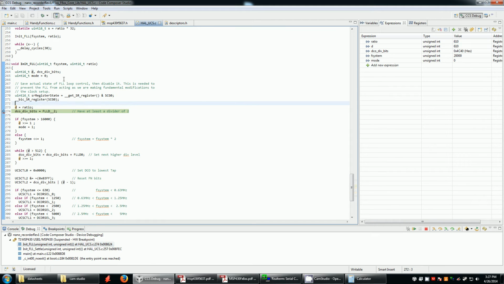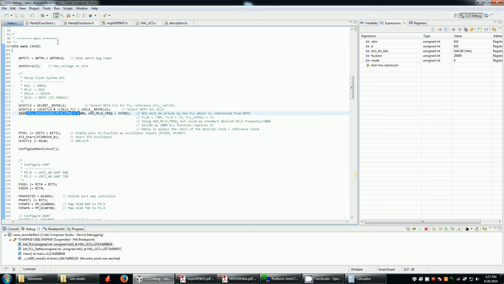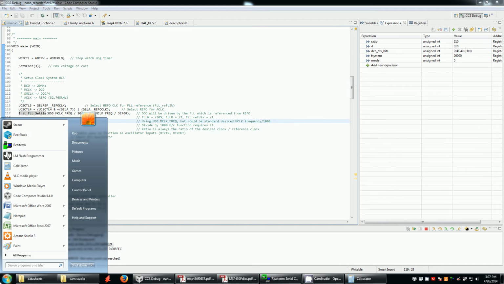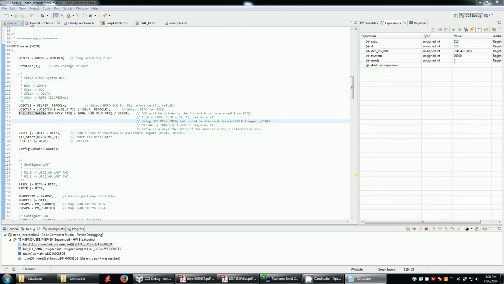Okay, so now we've run through our main program, through all this stuff. We've entered this function. And so let's look at what we're going to pass it really quick. We want a 20 megahertz clock frequency, and our reference clock is 32,768. Divide that, so 610.